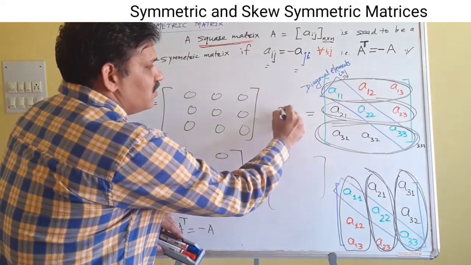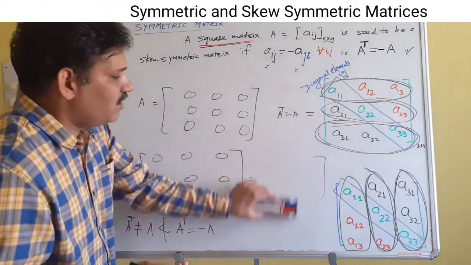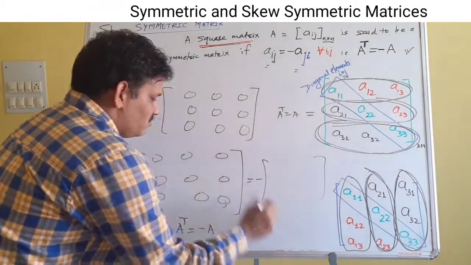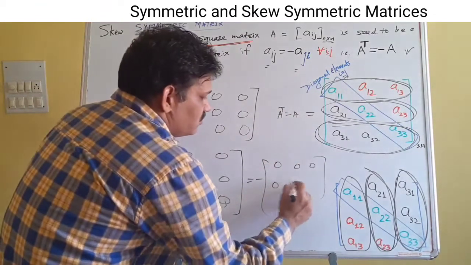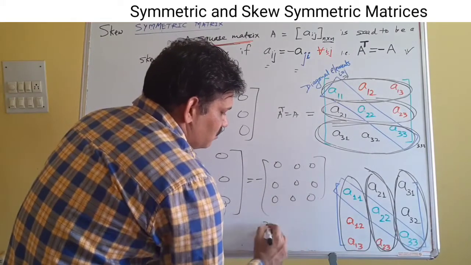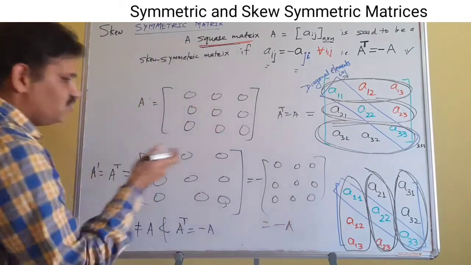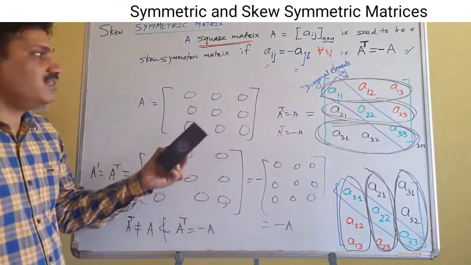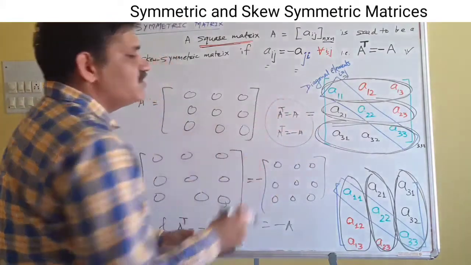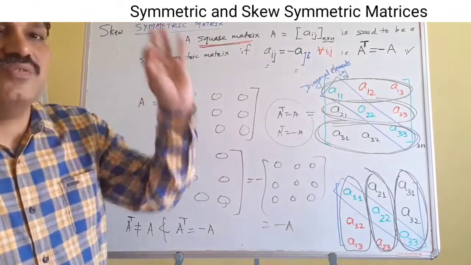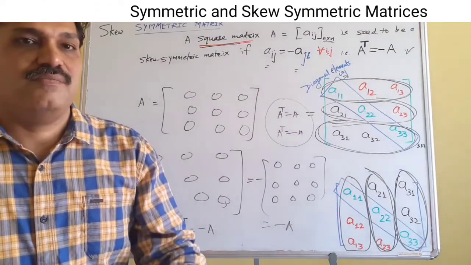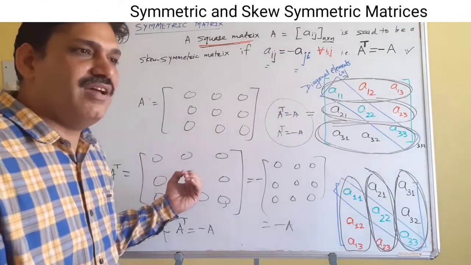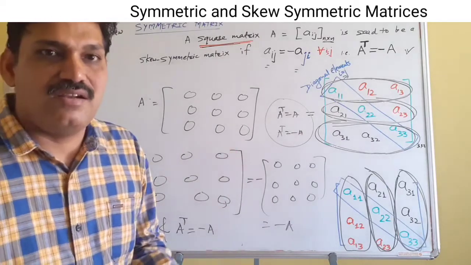That is A transpose comes out to be A. If you take a negative sign common, you again get all zeros. That is A transpose is equal to minus A. So the zero matrix of square order is the only matrix which can be symmetric as well as skew symmetric.